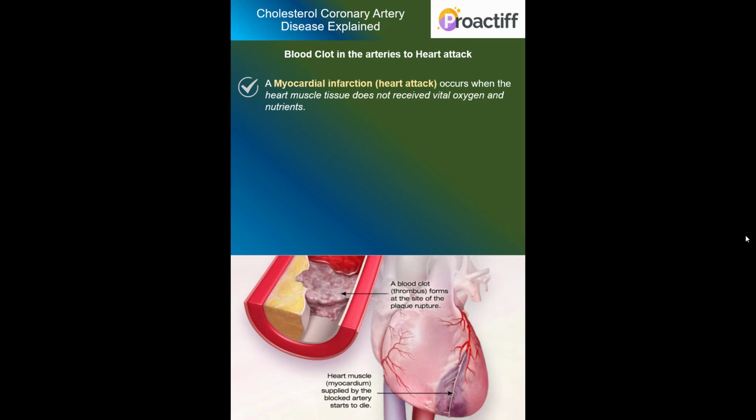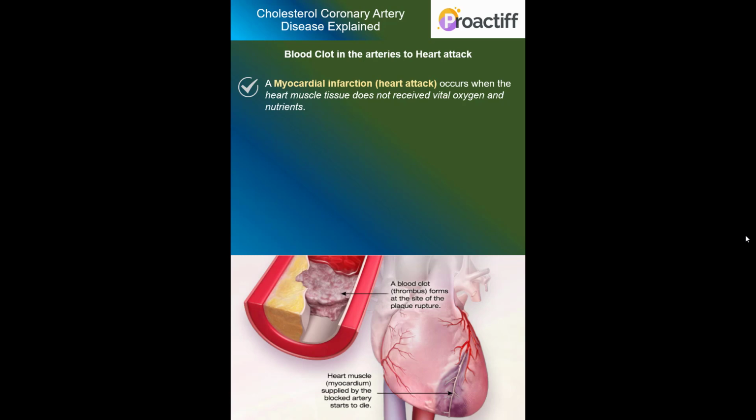Now, how does the blood clot happen? Myocardial infarction, whose common name is heart attack, occurs when the muscle tissue does not get the vital oxygen and nutrients that it needs.